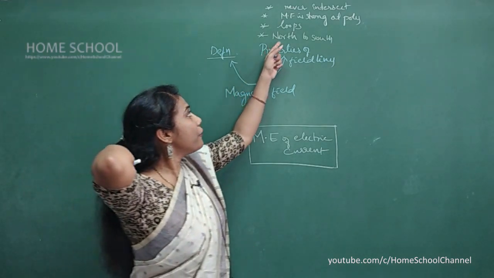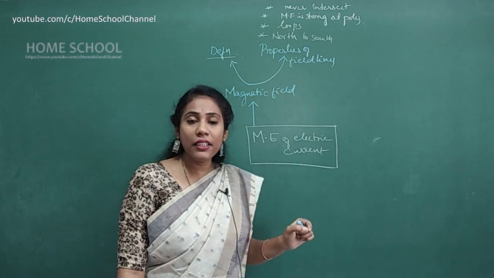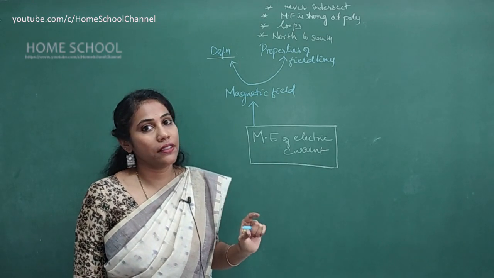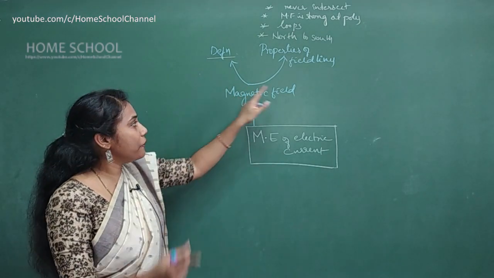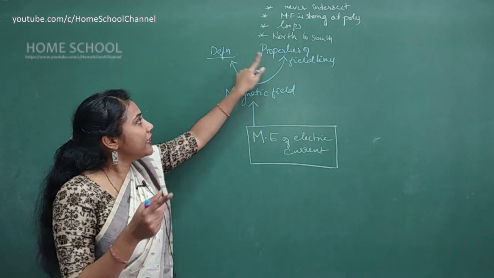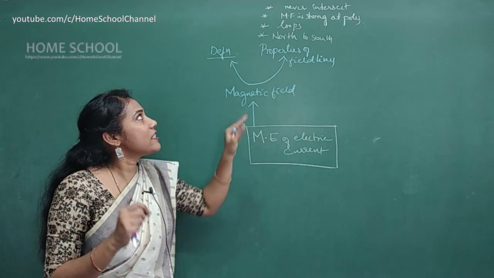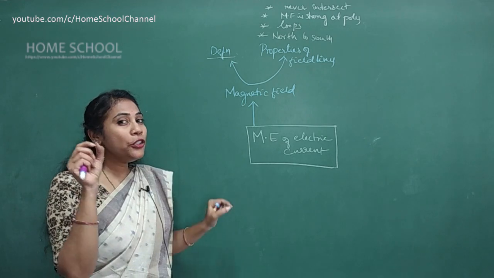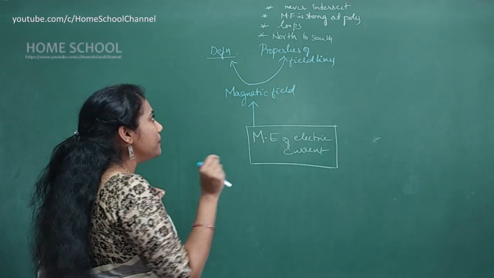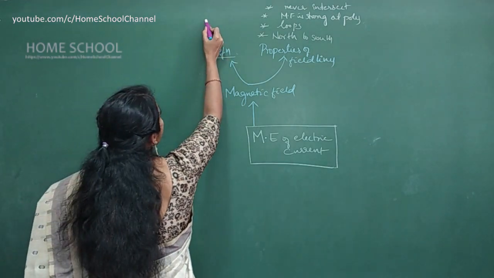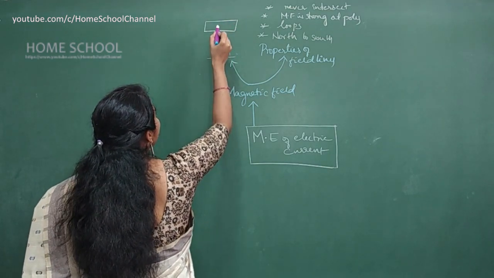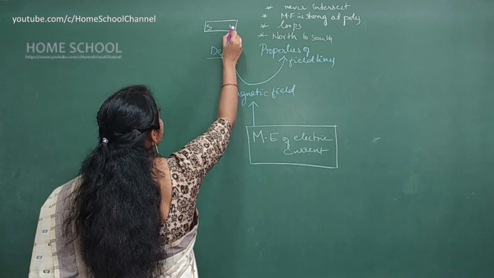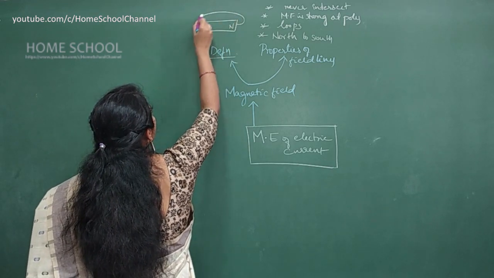So these are the four properties that we have learned, and a very important question. This is your first aspect in the chapter: magnetic field, its definition is important, and properties of field lines are also important. And there is a small diagram that can be asked. They will ask you to represent the field lines in case of a bar magnet. If this is a south pole and this is a north pole, how do you mention the field lines?